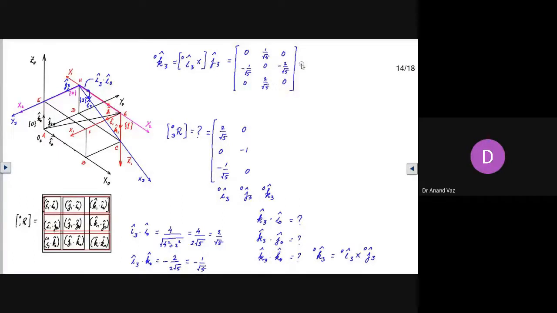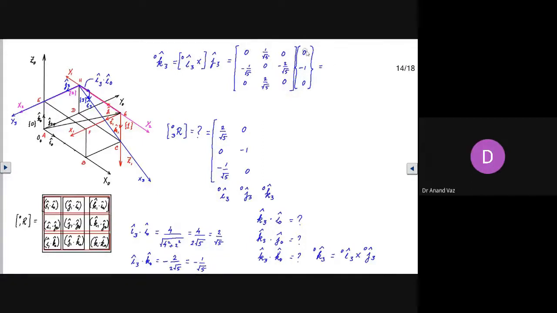Okay. And we have J. J is 0, minus 1, 0. So when you operate this I cross J, you will get K, K3 expressed in the frame 0.